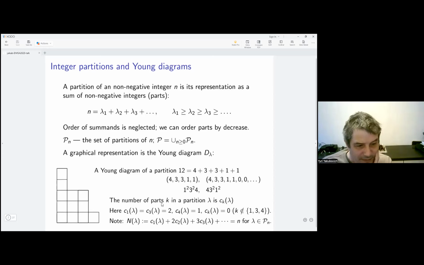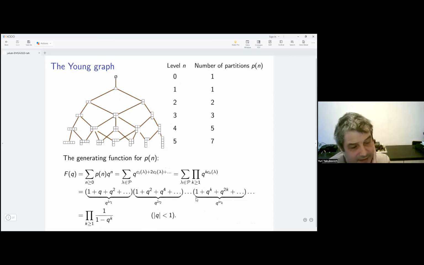Then we take the next part, and we place that many boxes in a row, put it over the first row and align it to the left, and so on. I believe it is more or less clear for those who didn't know this notion.